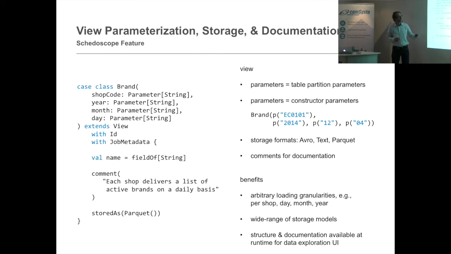We can have comments for documentation, and the benefit is that you can have arbitrary loading granularity. So you can have load per shop, per day, month, year. You can store in different ways, and you can document, and all the info that you add here is directly available at runtime in the UI in the system.